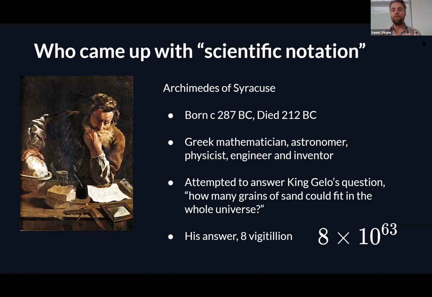You and I know million, billion, trillion, but once it gets larger than that, it's not really well known. There are lots of different names as you go larger than a trillion. And a vigintillion is a number with 63 zeros afterwards. So 8 vigintillion, you can write in scientific notation as 8 times 10 to the power of 63.